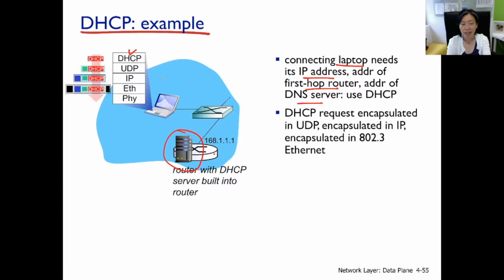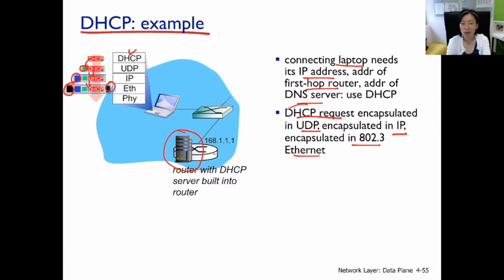And that DHCP discover or DHCP request message is going to be what? Passed to UDP, adding the UDP header, pushed down to the network layer, adding the IP header, and pushed down to Ethernet, adding the Ethernet header and trailer. So the DHCP request gets encapsulated into a UDP packet, further into an IP packet, further into an Ethernet frame.